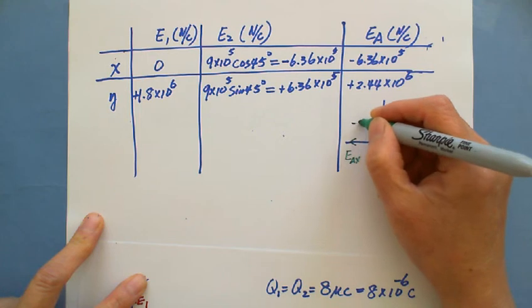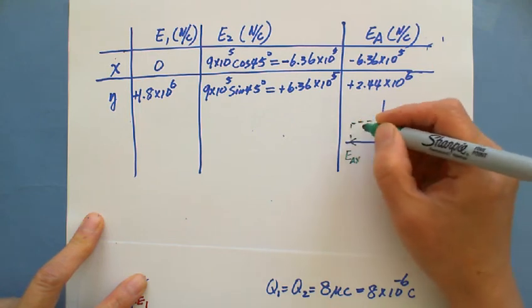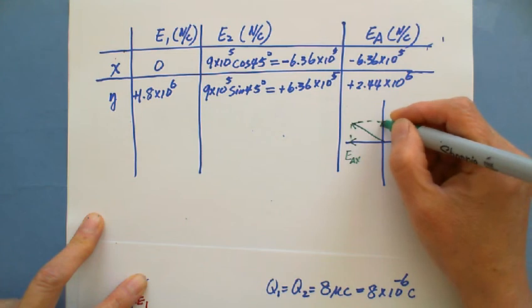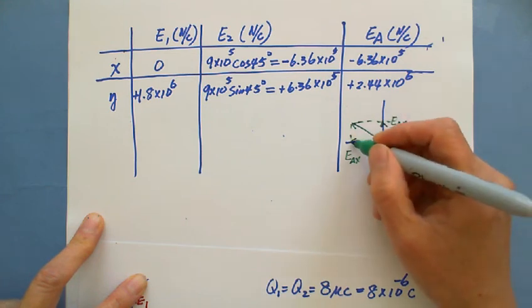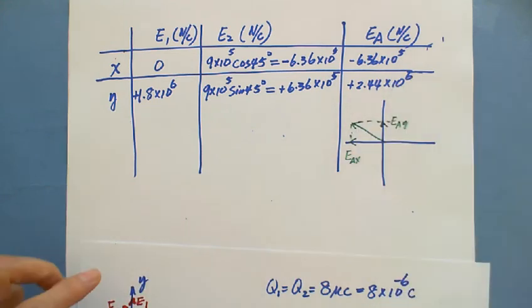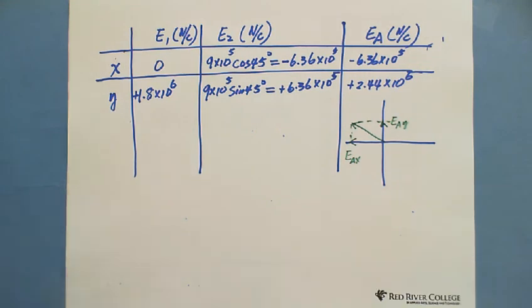So we got the resultant, and this is another right triangle. That's why we use the Pythagorean theorem to find the resultant.